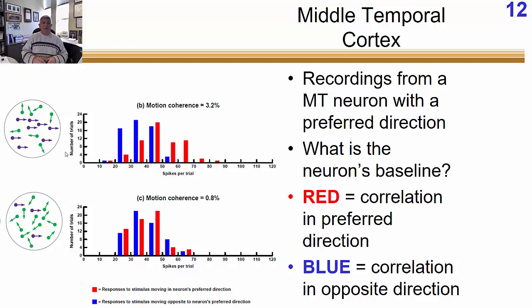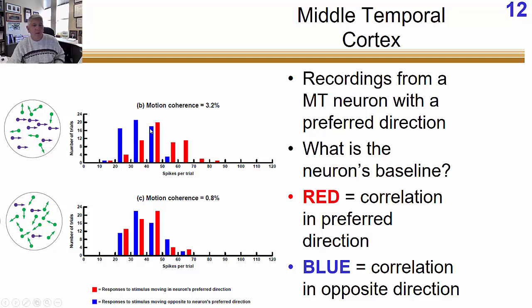We start to get in red, moving from left to right, the neuron starts firing a little bit more when the dots are moving in that direction. So the baseline firing rate is somewhere between 20 and 50, with 30 and 40 spikes per trial, about the same.